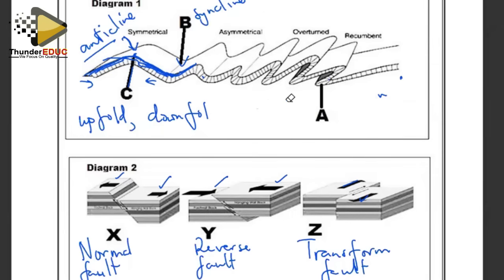So if compression increases here, there is more sideway force which is pushing towards each other. What is going to happen? The fold will snap. The fold will snap or it will crack.